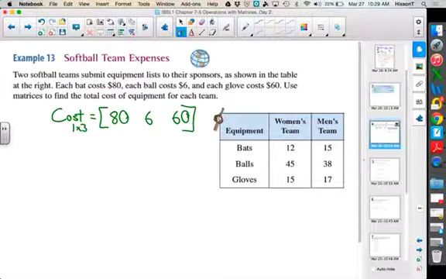And one thing that's really helpful when you're doing this in a word problem is not only to write down what the dimensions are, but also to write down what the dimensions represent.